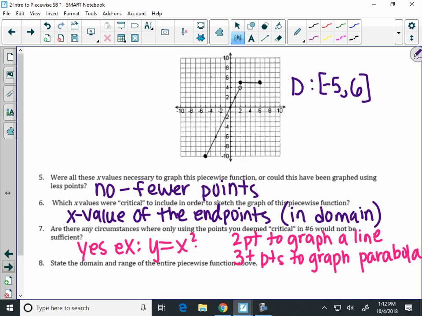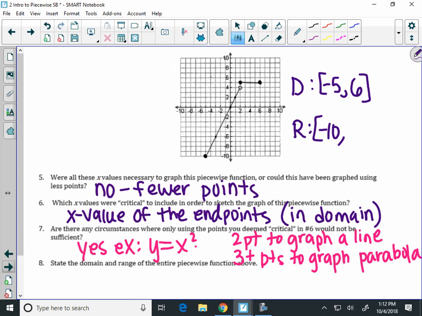The domain is pretty easy this time, but the range looks a little different. Let's start at the bottom. Where's my lowest y value? -10. All right, that's easy. -10, and then I go all the way up to 4. Now here's my question. Are there any y values in between 4 and 5? No. So here's what you have to do.